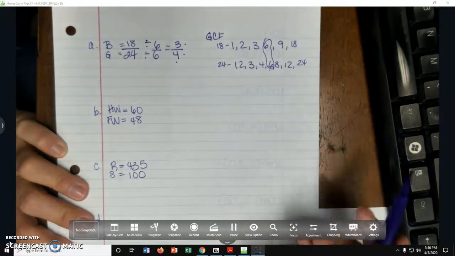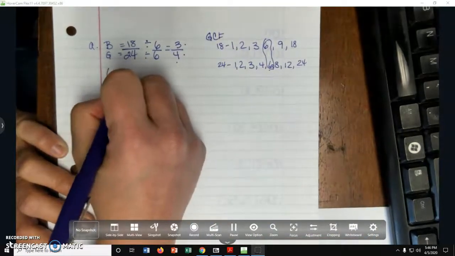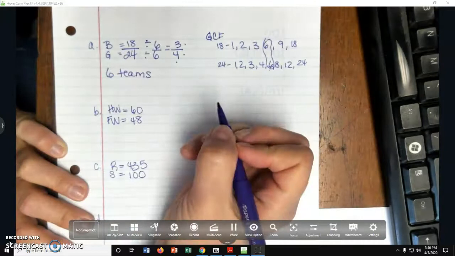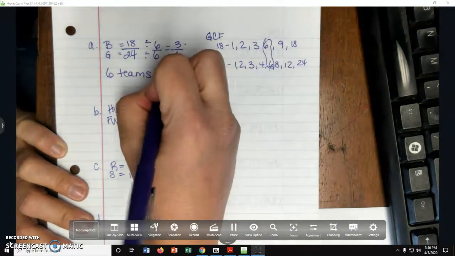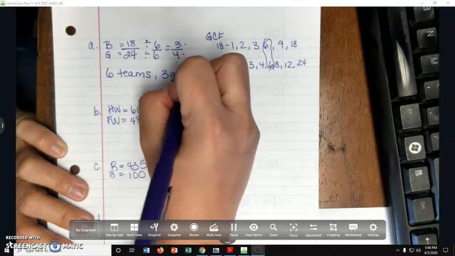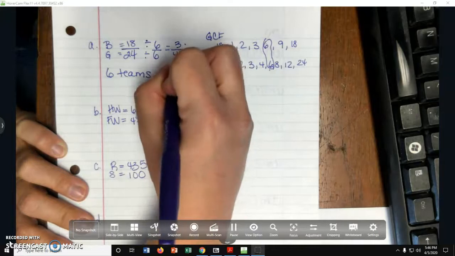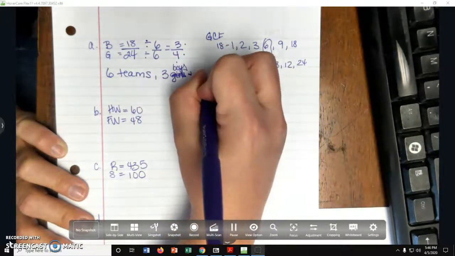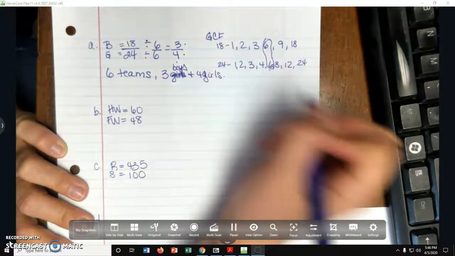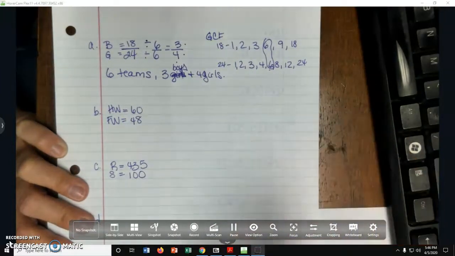So we would be able to have 6 teams, and each team would have 3 boys and 4 girls. That's messy, I'm sorry.